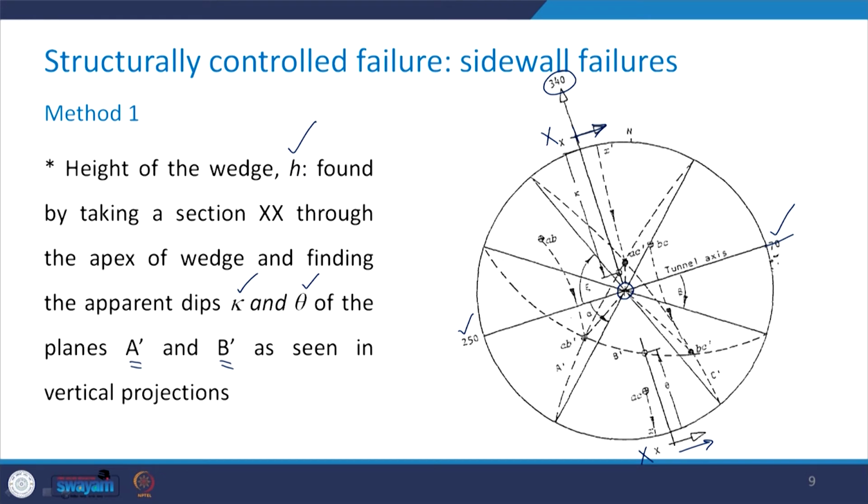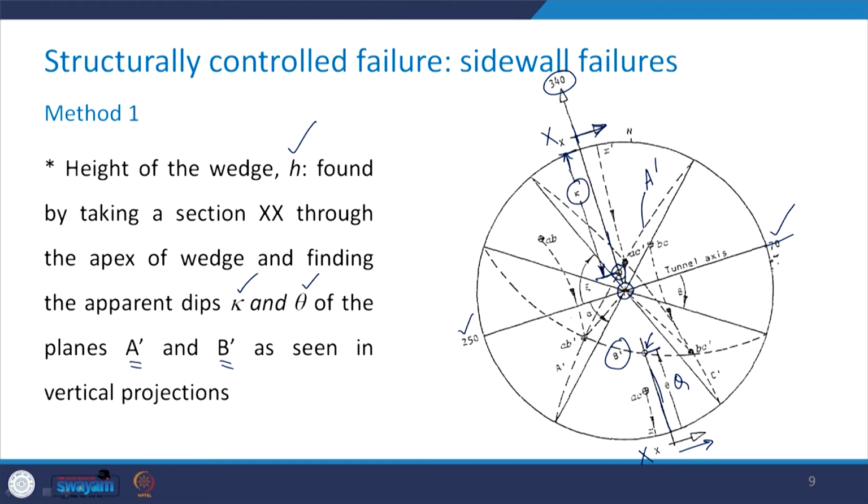Wherever this section XX intersects the great circle B prime, at this point, this angular distance is theta, and where it intersects the great circle A prime, at this particular point, this angular distance is your kappa.